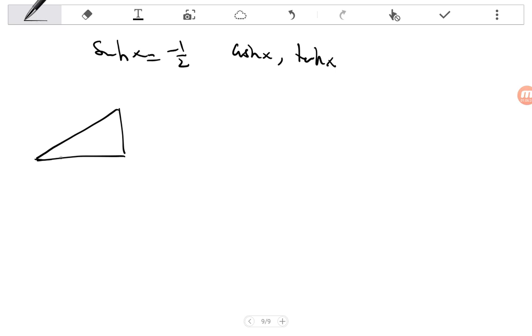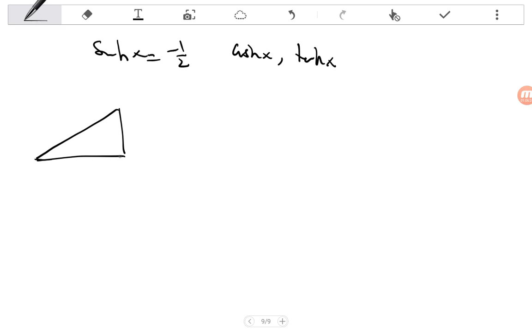Let's rewrite the problem. I have here sine x equal to negative half, and I need to find cosine x, and I need to find tangent x. To find the solution using a triangle, I will not use the regular triangle. I will choose some other form of a triangle, which is called a fake triangle.